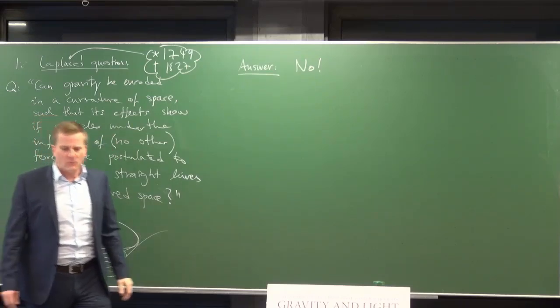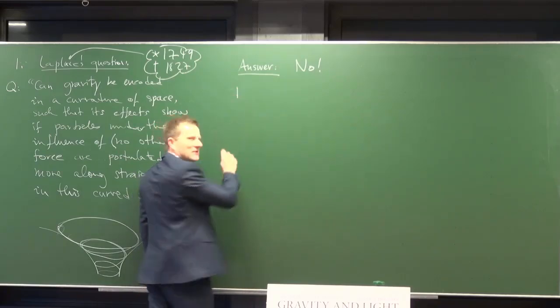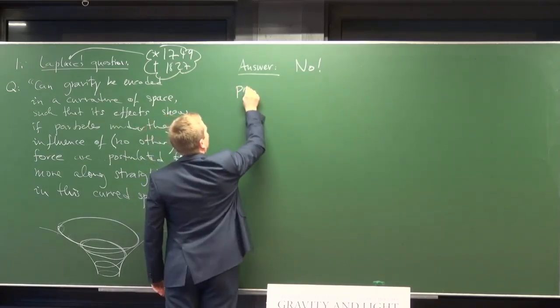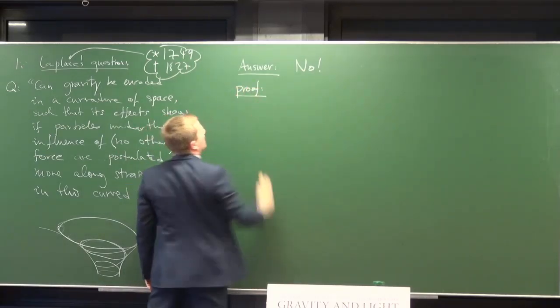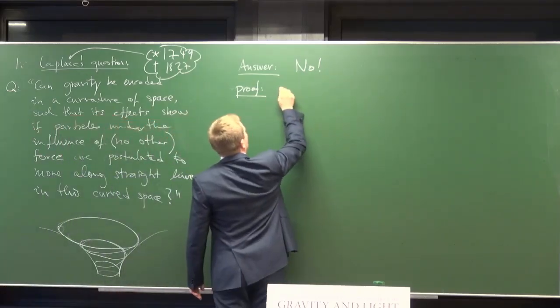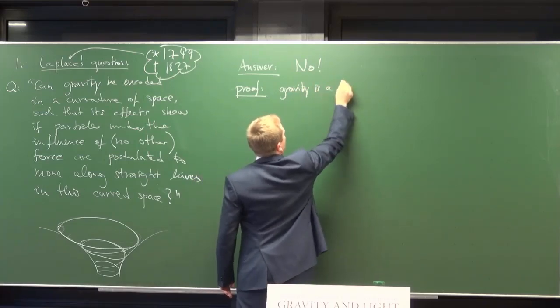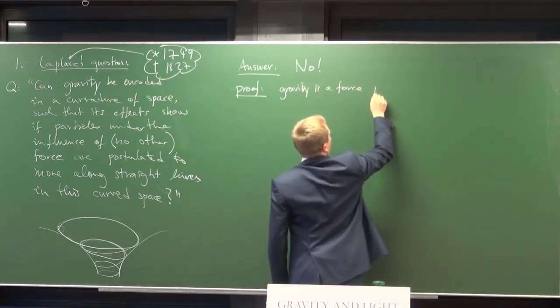Why do we do it then? Well, because it's instructive to see what doesn't work, because we can repair it. Proof. So what is the standard view? The gravity is a force point of view.